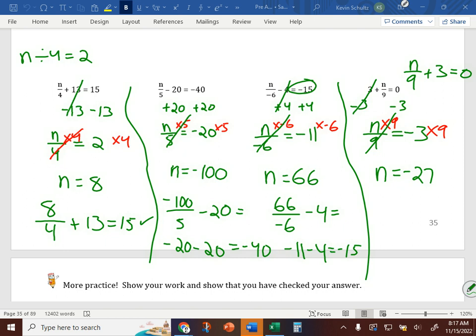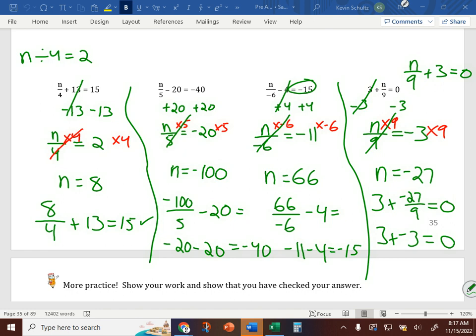Are you sure that works? Let's check it. 3 plus negative 27 divided by 9 equals 0. Negative 27 divided by 9 is a negative 3. And 3 plus negative 3, which is the same thing as 3 minus 3, equals 0. It checks out. Folks, we're on a roll here. We're 8 for 8. Excellent job.